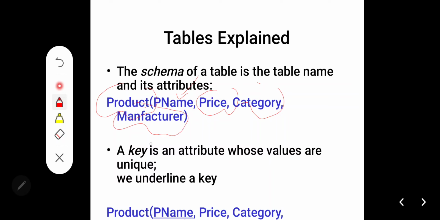A key is an attribute whose values are unique. We underline a key.